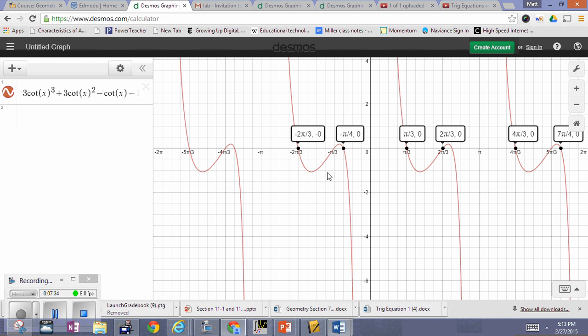It is a characteristic feature of these cotangent graphs. The other characteristic of the cotangent or any trigonometric function is the periodic nature, the repeat pattern. You've got where it hits in one cycle, then you've got all the subsequent solutions, all the cycles down the line.